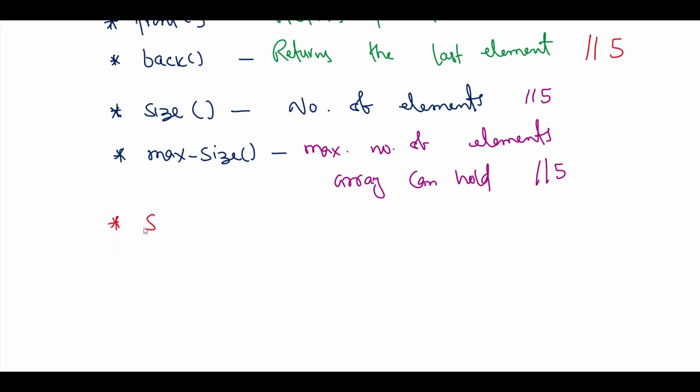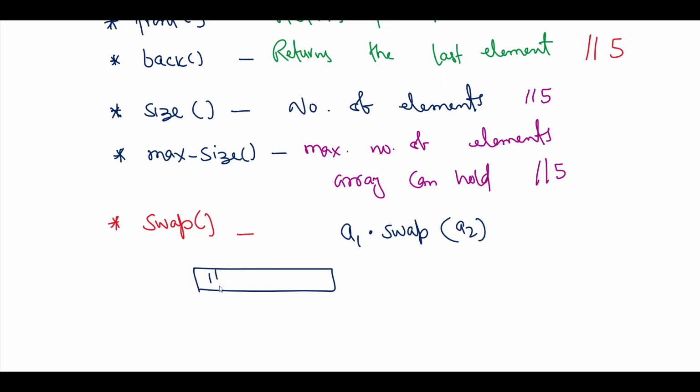There are some other functions like swap, s is small here. So it will swap all elements of one array with another array. So it's going to do something like this: a1, if a1 is the array, dot swap and a2. So you can imagine it something like this: 1, 2, 3, 4 and 5, this is one array, and another array is 7, 8, 9, 10, 11.